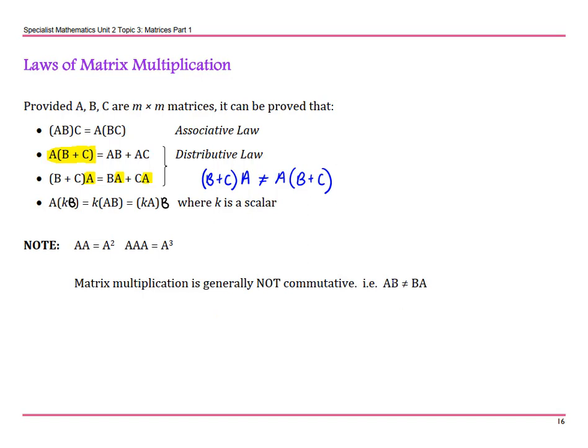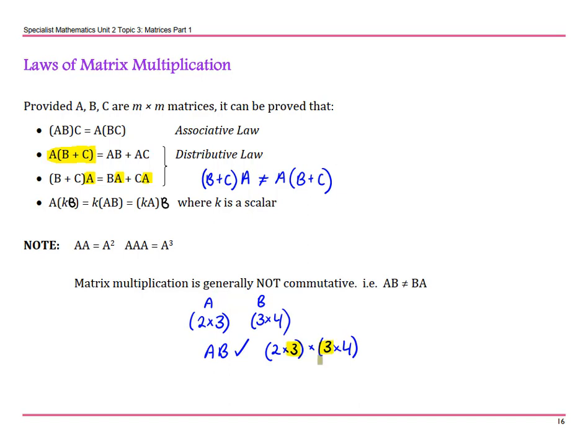One good example of AB not equaling BA is if I have A as a 2 by 3 matrix and B as a 3 by 4 matrix. I can do A times B. That works because it'll be a 2 by 3 times a 3 by 4.